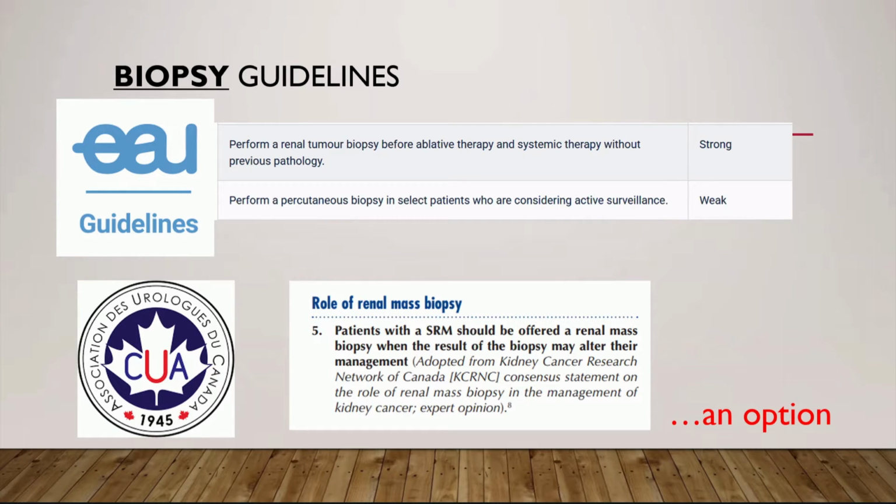And the CUA guidelines say that patients should be offered a biopsy if the results might alter the management. So it's an option. I think that's the summary of the guidelines. It's a reasonable option, probably a good option to consider at least a renal mass biopsy.